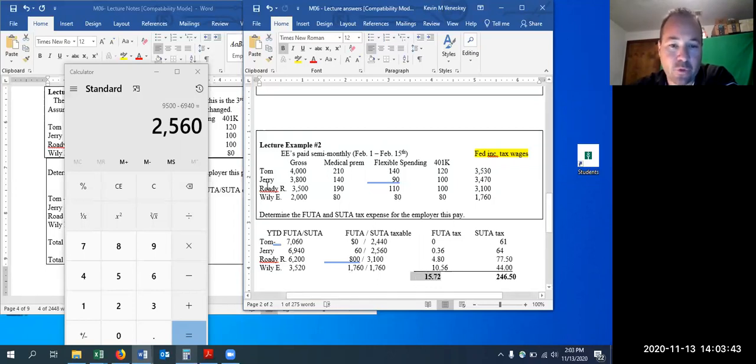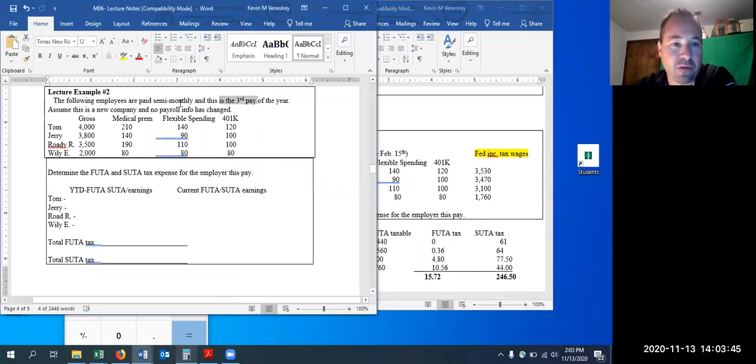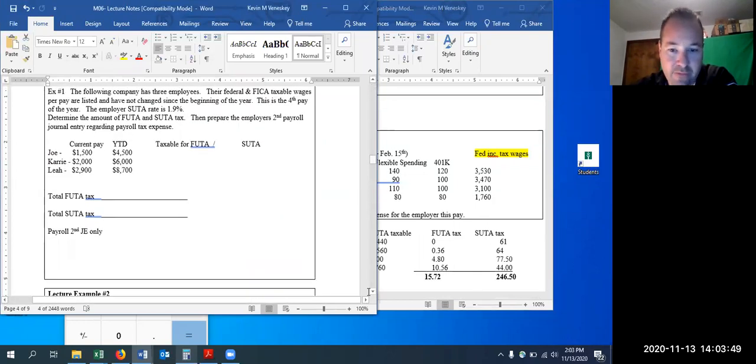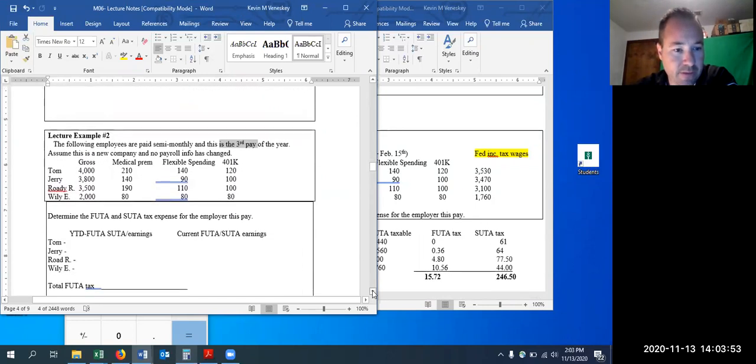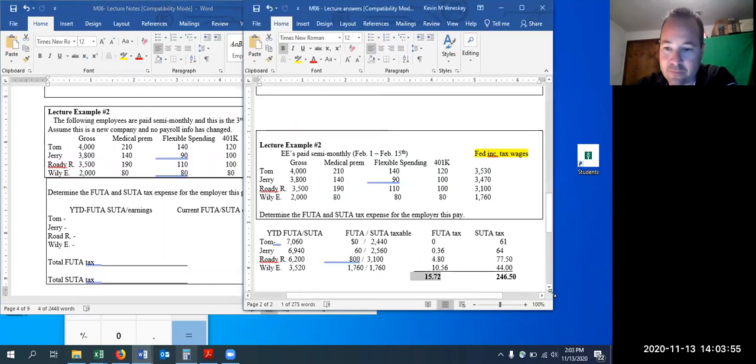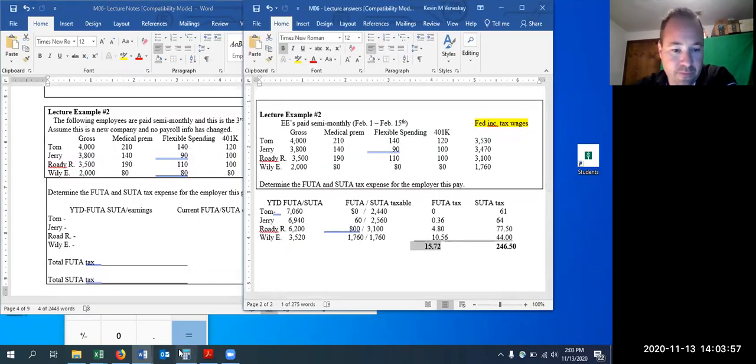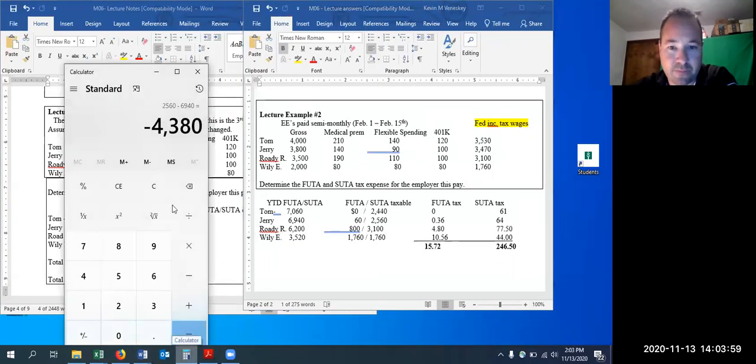Then you add up all your SUTA wages and you multiply that by, well, I didn't even give us a SUTA rate. I've got to put that in. What did I use? I don't know.